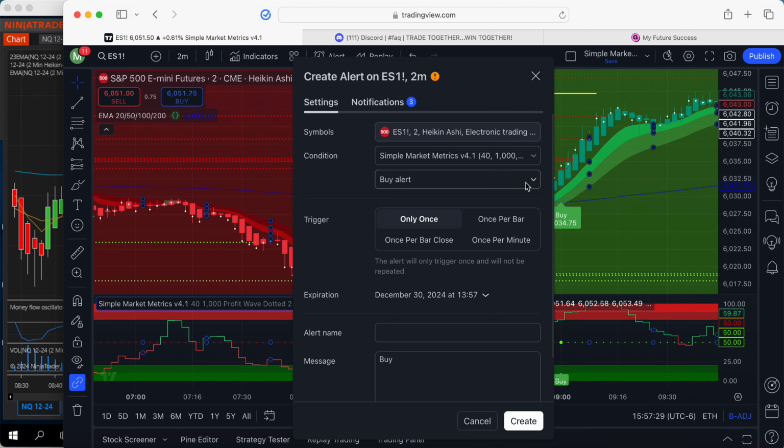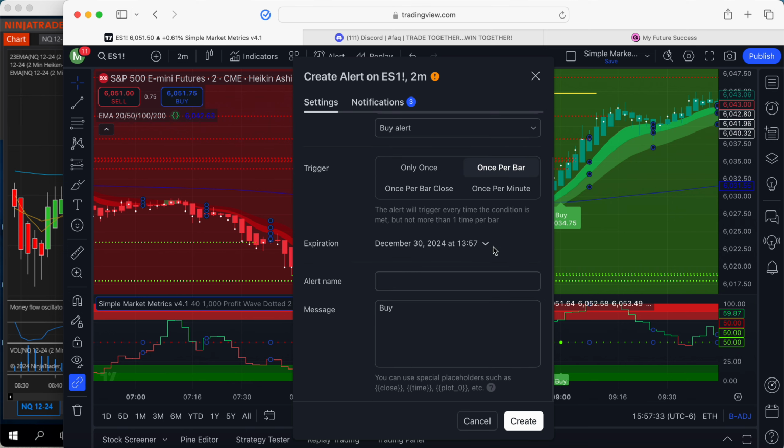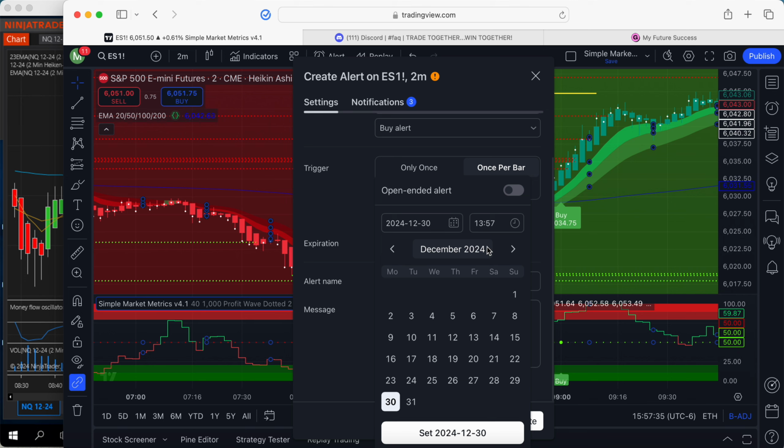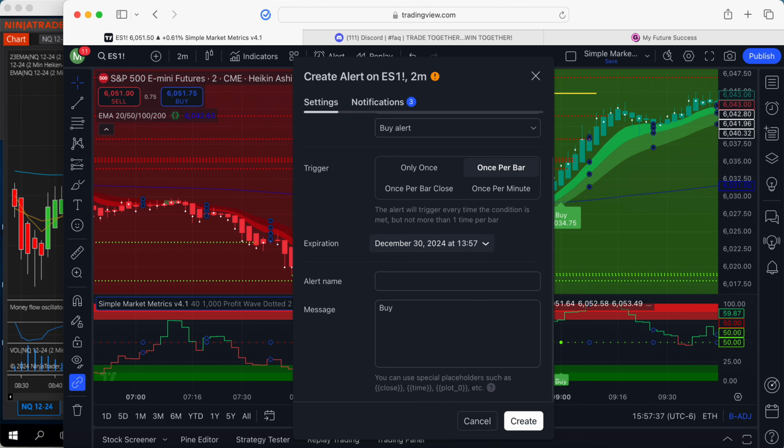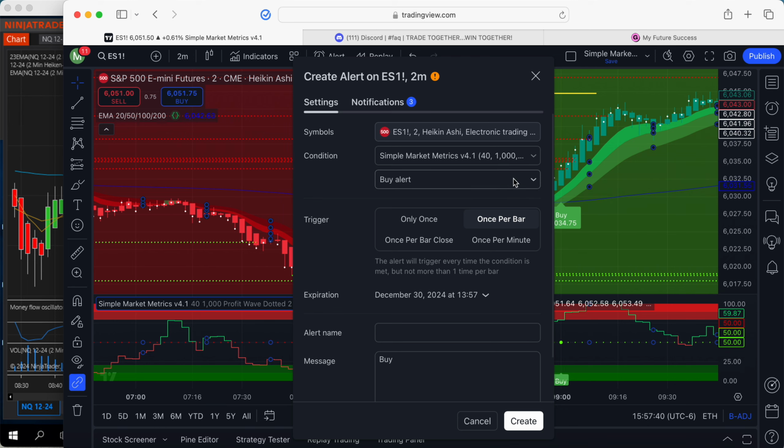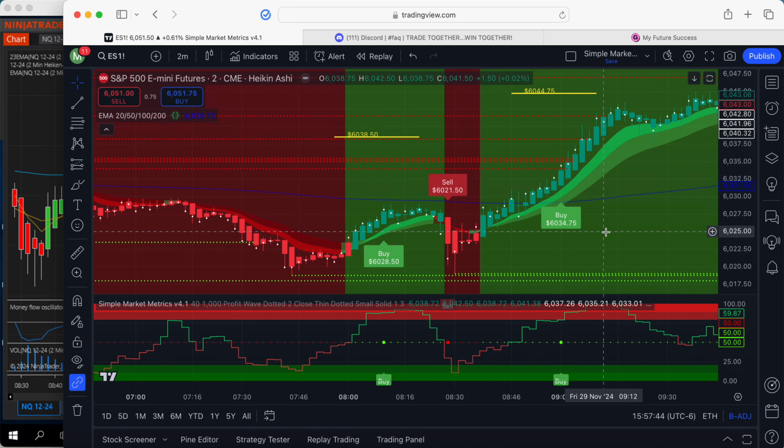Buy alert, you want it once per bar, and an expiration date. Depending on the TradingView plan you have, you can go further out. Do a buy alert and then a sell alert. That way you'll get it dinging, so if you're holding multiple charts, you won't miss it.